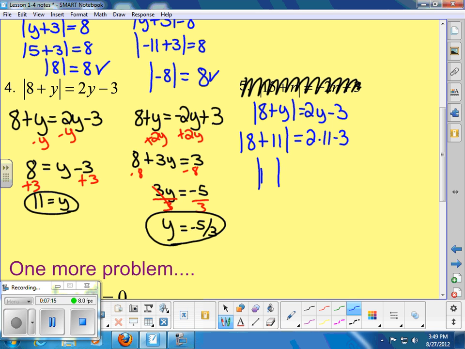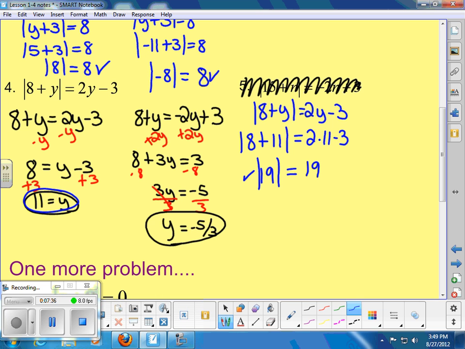So this will be the absolute value of 19 equals 22 minus 3. 22 minus 3 is 19. So we want to know, is this true? The absolute value of 19 equals 19 is true. It proves that one of the answers to this problem is 11.